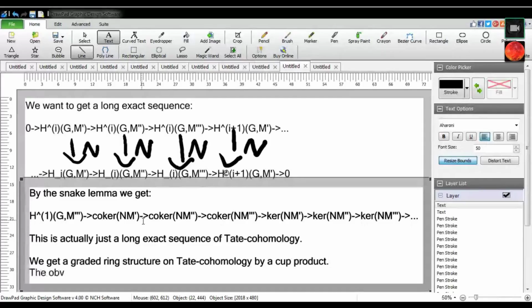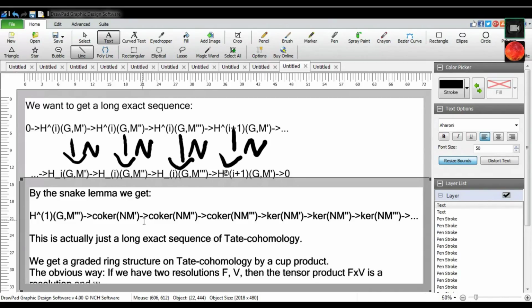The obvious way is the following. If we have two resolutions, F, and I'm just going to call this V, then the tensor product F times V is a resolution, and we induce a cup product.